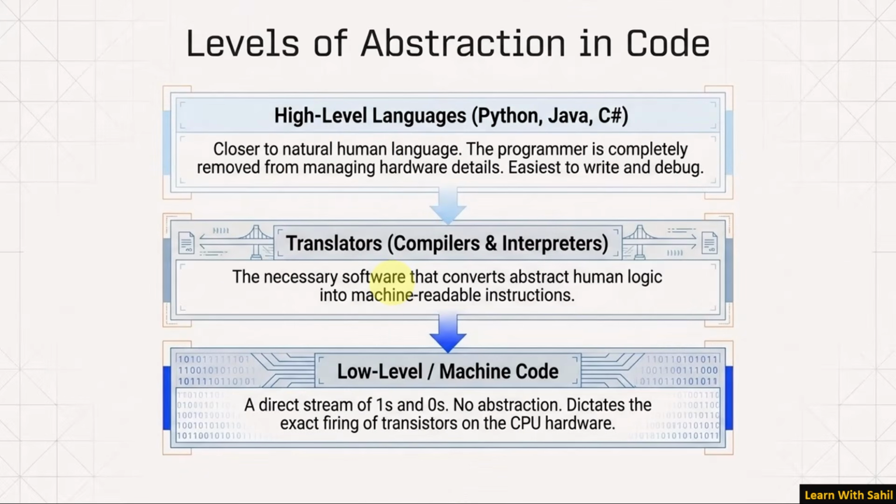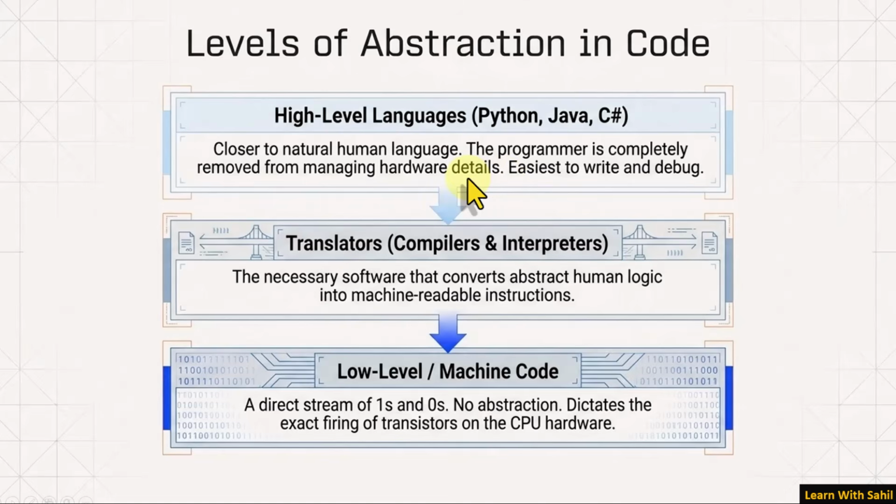Then we're talking about levels of abstraction in code. When you're writing your code, how is abstraction applied there? First of all, high level languages like Python, Java, or C Sharp have a very high level of abstraction. They are closer to natural human language, and the programmer is completely removed from managing hardware details.